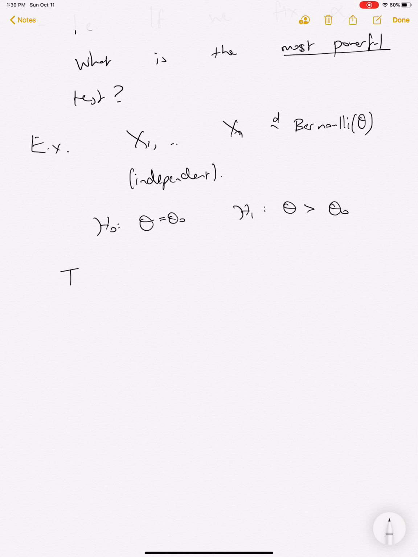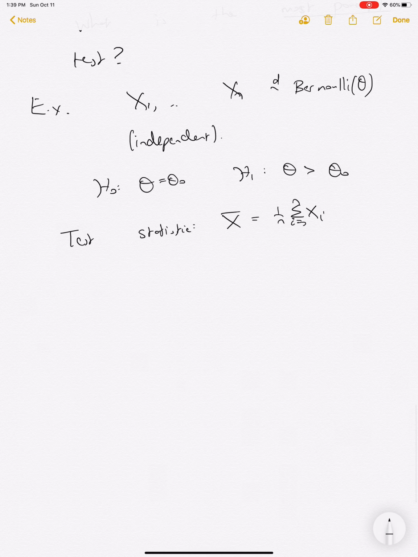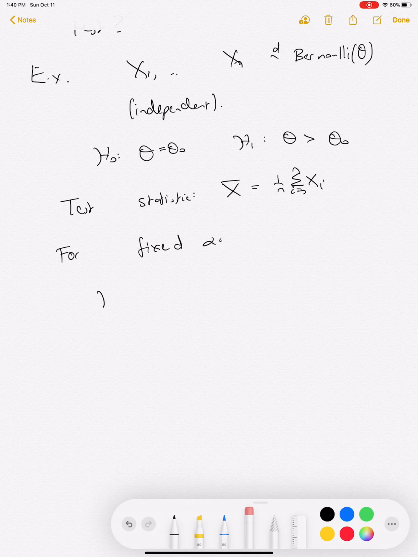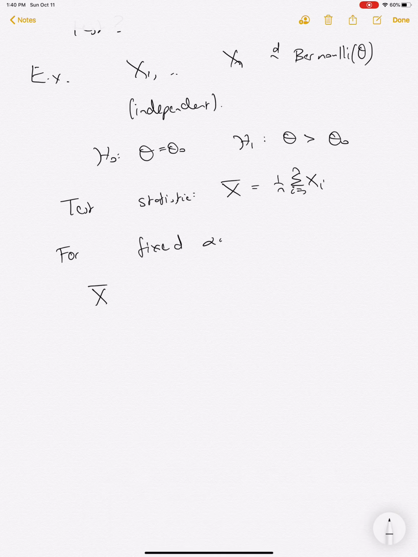The test statistic was x bar, and for fixed alpha, if x bar was bigger than some threshold C, you'd reject H0.